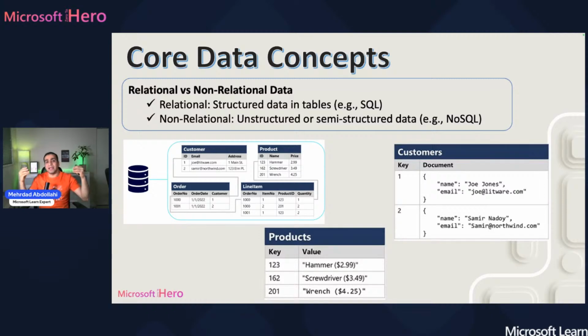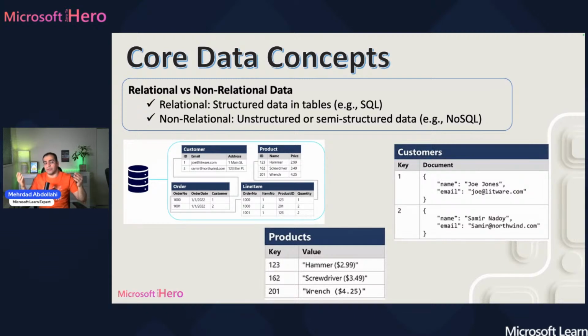They are connected to each other and dependent on each other. For example, in the order table, we cannot have any record without having a customer or product. So it is a relational database where the tables are related together.